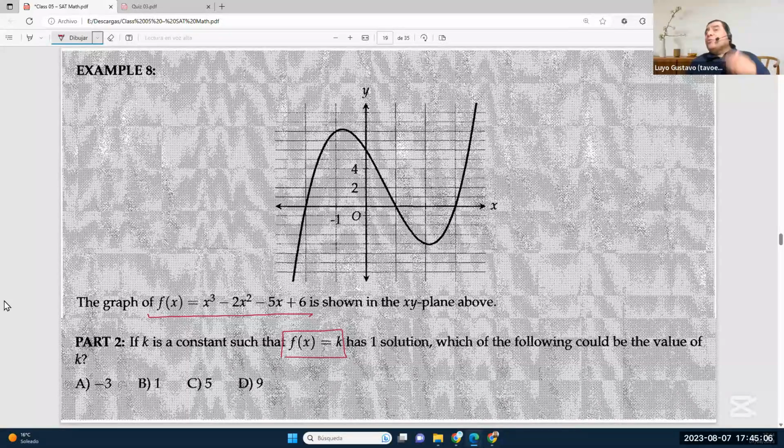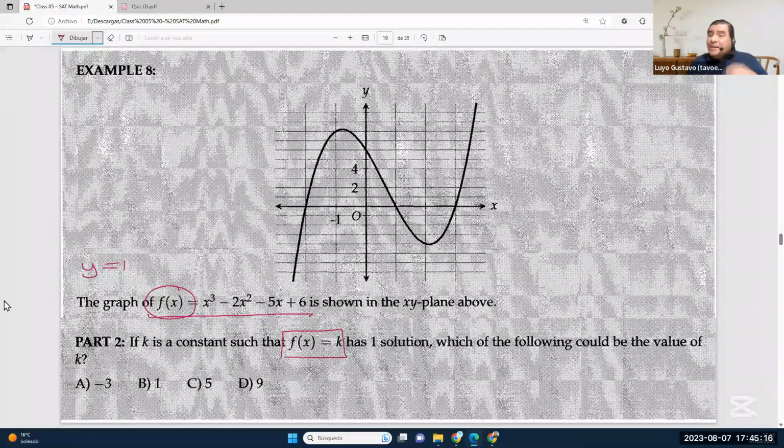But since they already tell you that for a certain value of k, this problem has only one solution, it means that the position of k must be such that when you count the intersection points between the horizontal line y equals k and the curve, there is only one possible intersection.